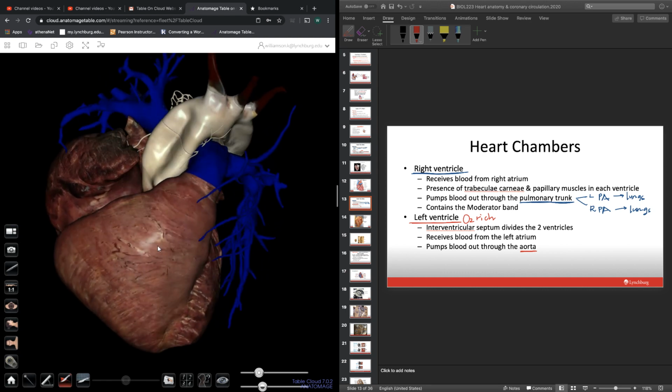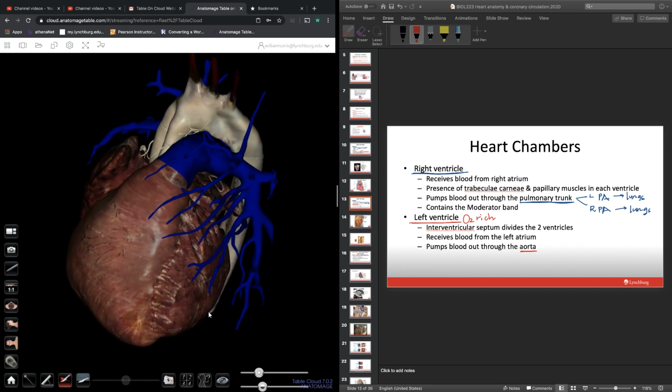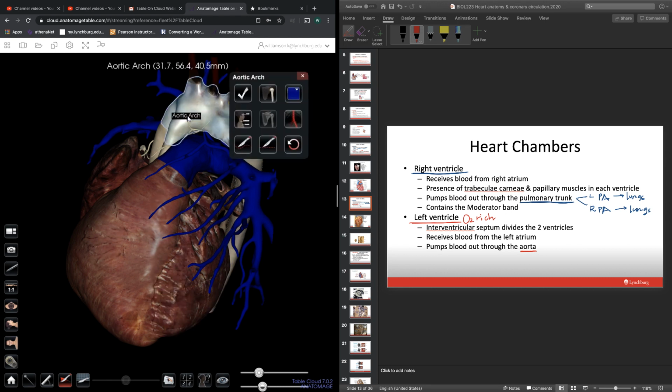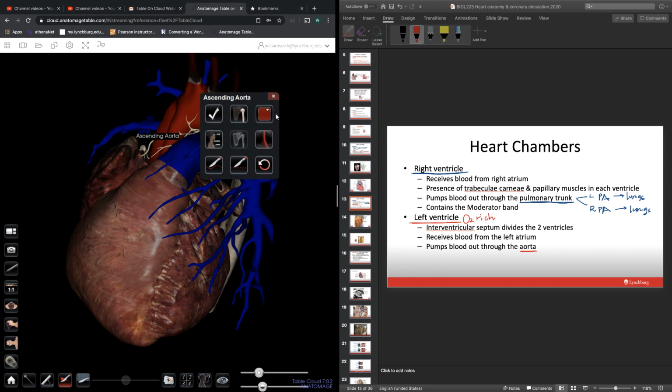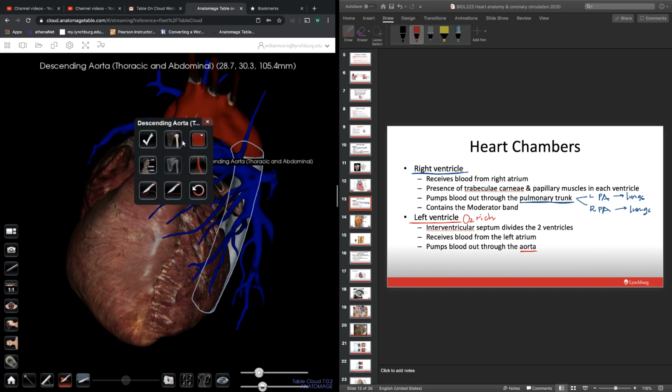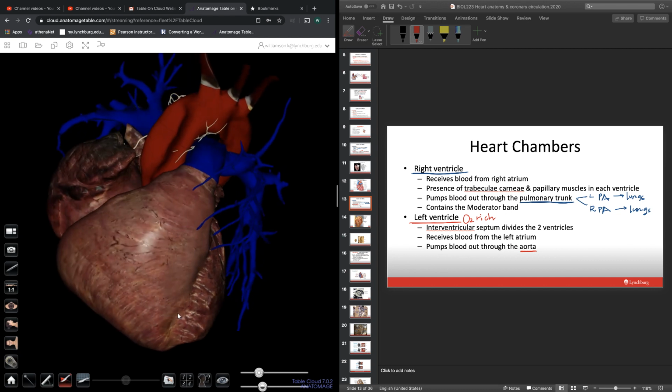If we look at our heart here, this structure is our left ventricle, and leaving the left ventricle is going to be the aorta. That's going to be here. I'm going to flat color that red because it is carrying oxygenated blood, and the aorta has several different segments, and I'm going to go through and color all of those red so that you can see that.